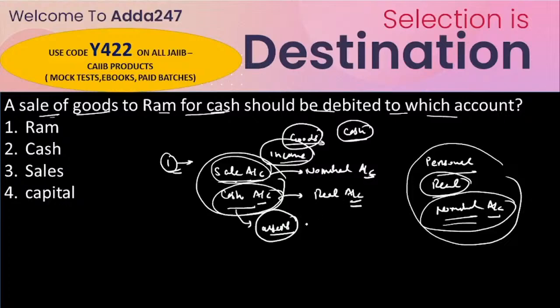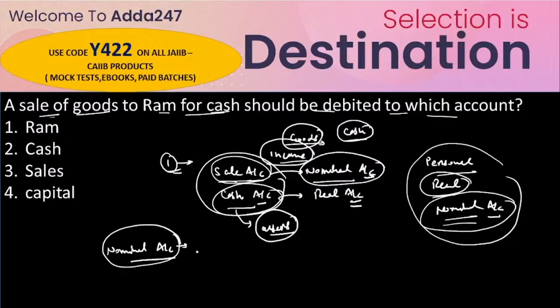After the second step is done, you now have to understand the golden rules of accounting. The golden rule for the nominal account is: debit all the expenses and credit all the incomes and gains.